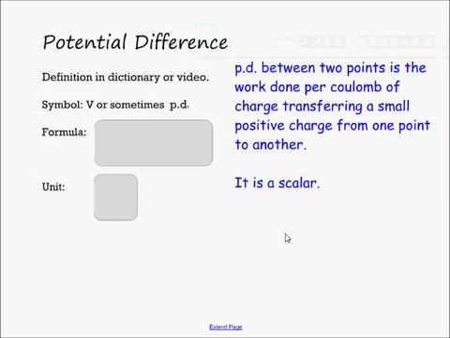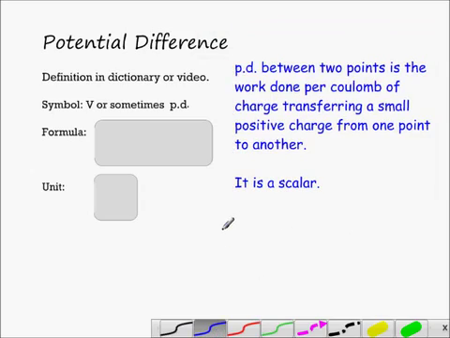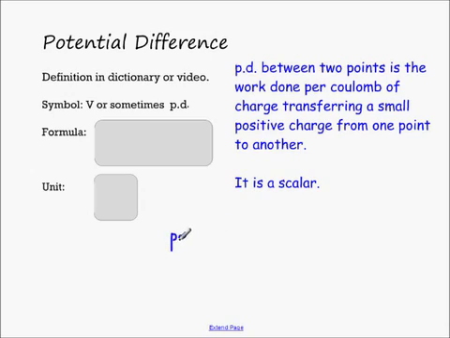The simplest option is always just doing the actual formula itself, so you can write it all out in words. Potential difference equals work done over the charge.